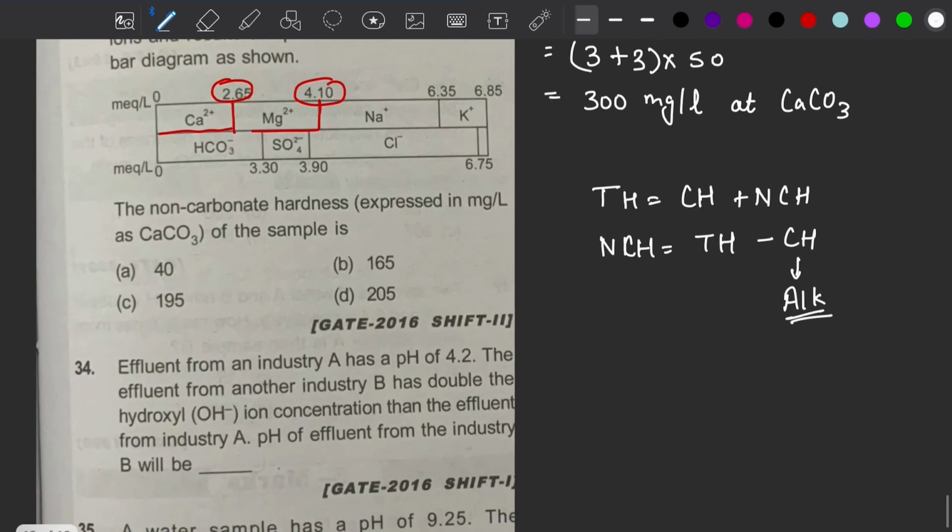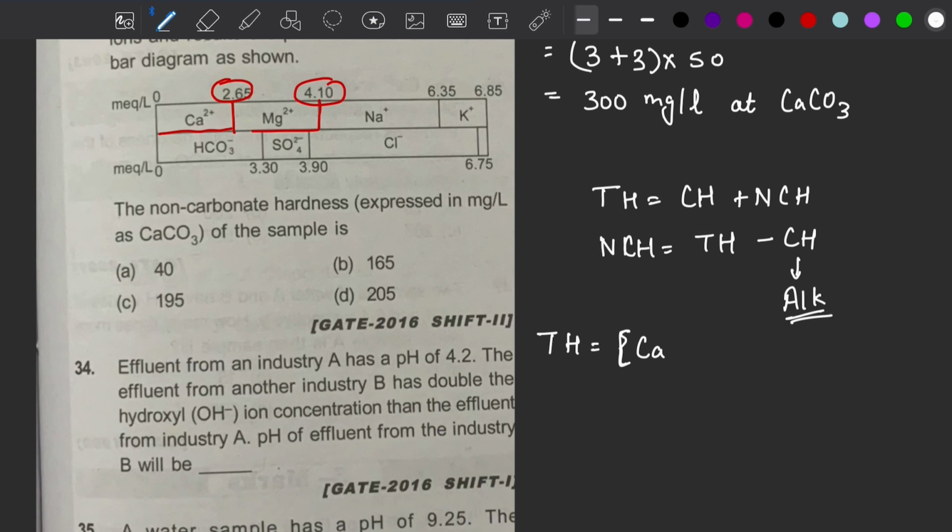Total hardness is nothing but calcium milliequivalent per liter into equivalent weight, just like we did.